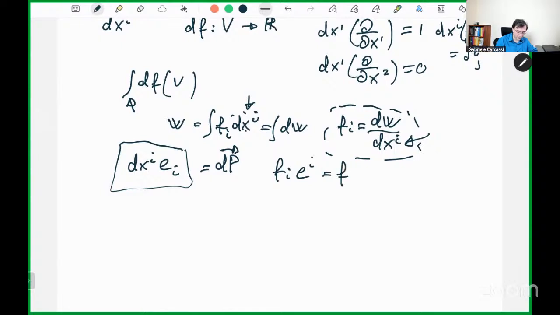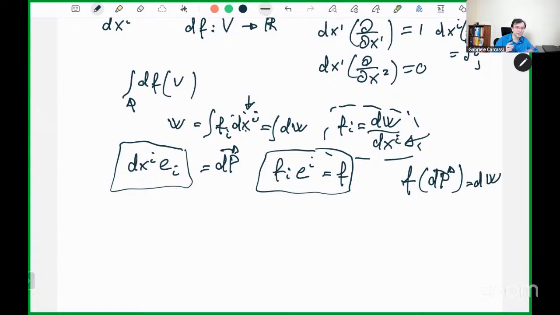The force is a function of the displacement. So the force is the thing that gets the displacement and gives us back a number, which is going to be dw. Right, so there is some kind of inversion that happens when you are writing things like that.